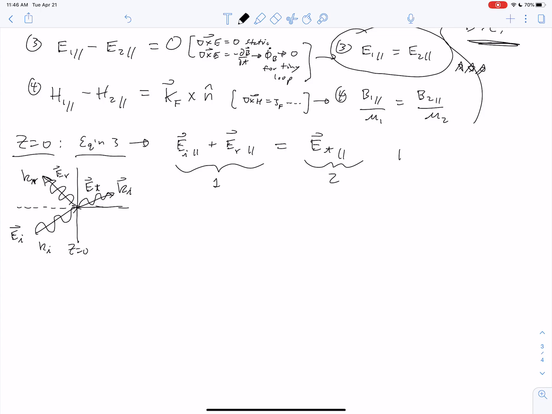This comes from the fact that E1 parallel equals E2 parallel. On side 1, we have two waves, the incident and the reflected, but on side 2, we only have one. So the parallel components on the left side must equal the parallel components on the right side.